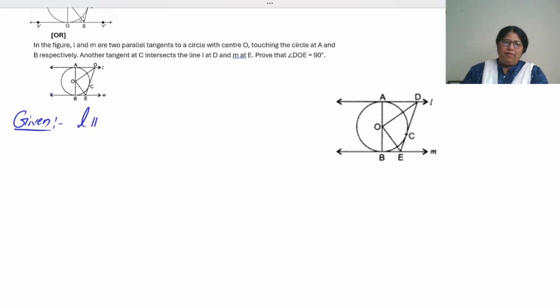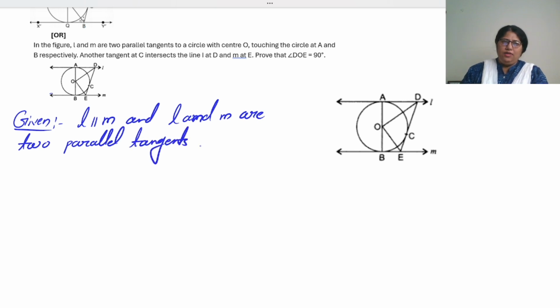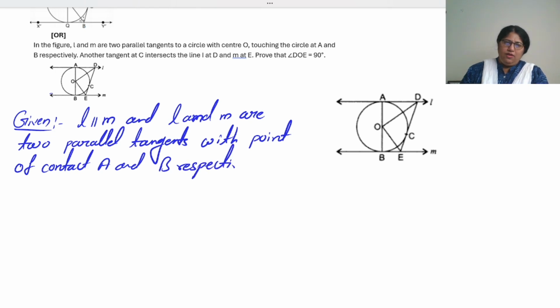So L is parallel to M, and L and M are two parallel tangents, touching the circle, which means there is a point of contact, with points of contact A and B respectively, right? This is given.